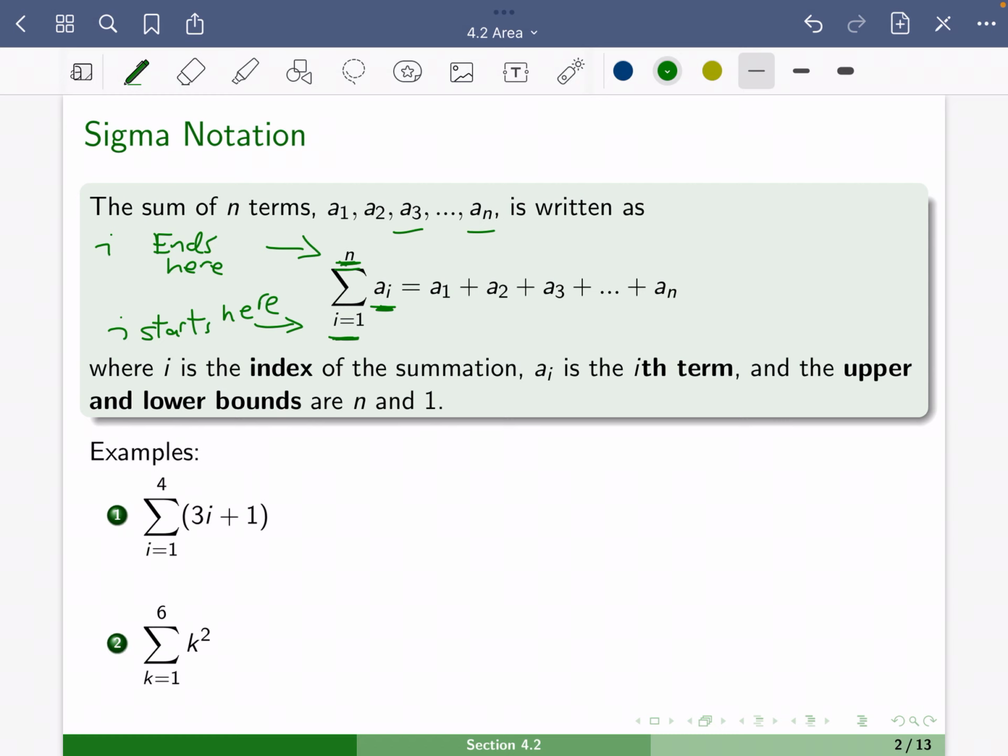This Greek letter sigma, that funny looking E thing, tells us to sum these things. And the a sub i, these are the terms to add together.